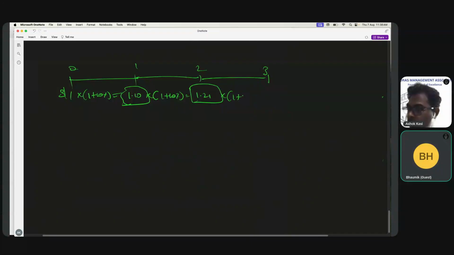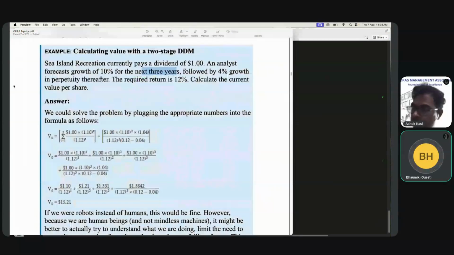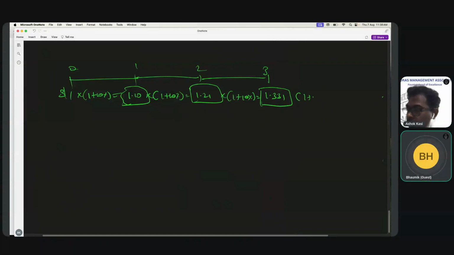Again into 1 plus 10%, 1.331. Then after that it will grow at 4%, so into 1 plus 4%.